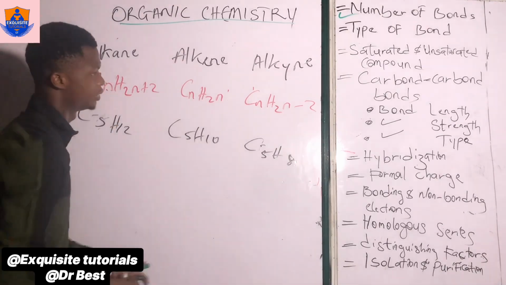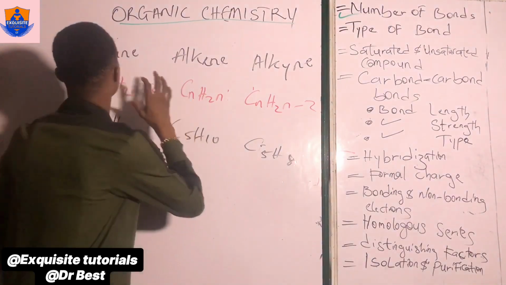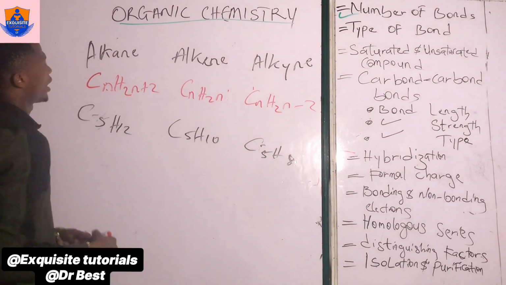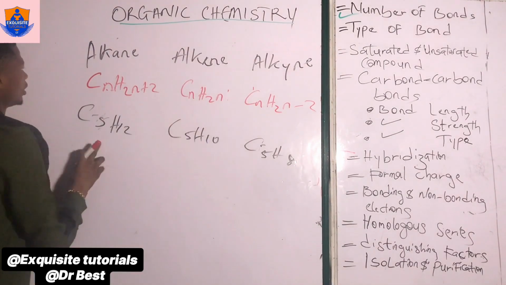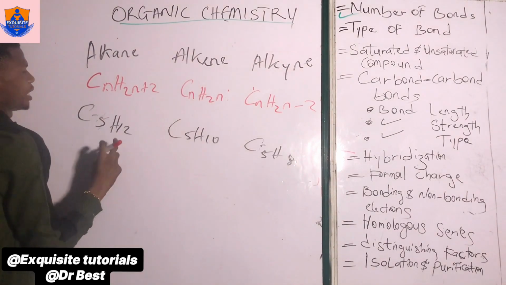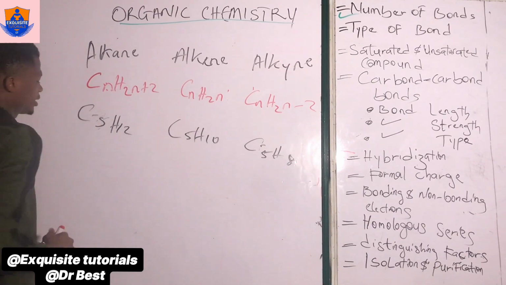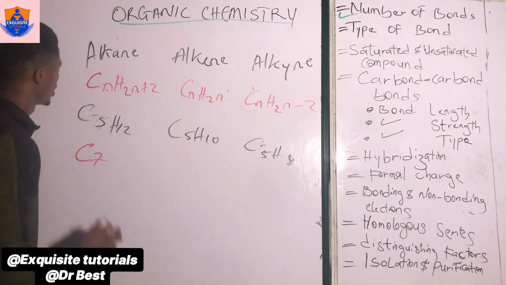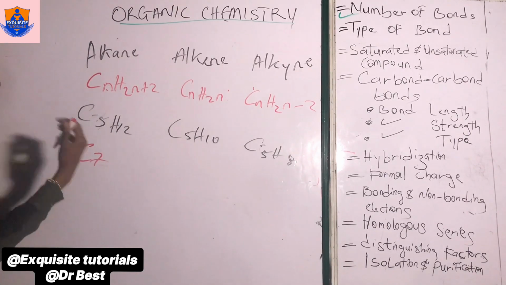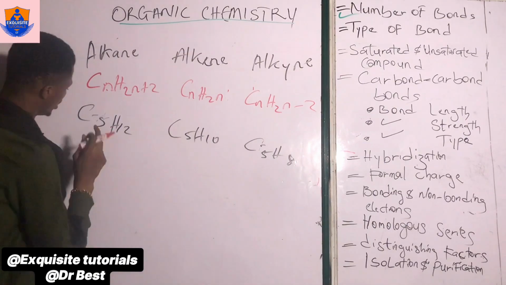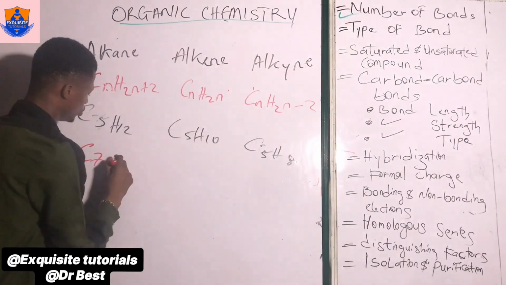Now, there's something I want to let you know. For all these groups, let's say you are asked to determine number 7 of the alkane. Just do your normal thing. You have 7 carbon atoms here. Just multiply this by 2, add 2 to it. 7 times 2, 14, plus 2, 16.